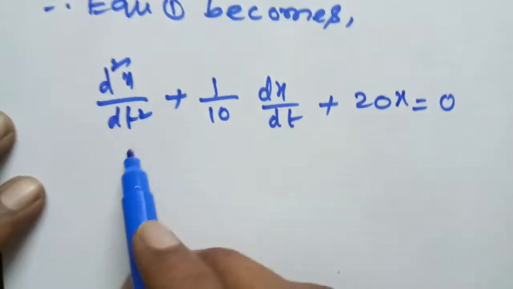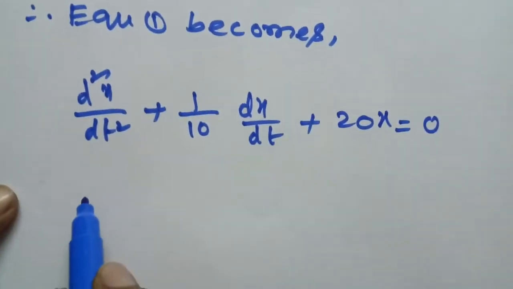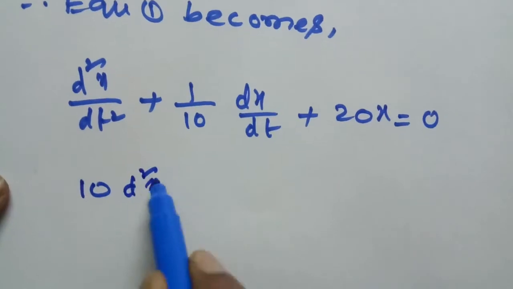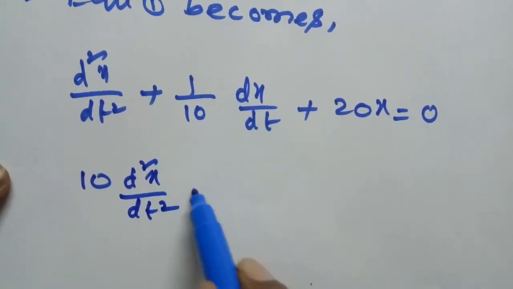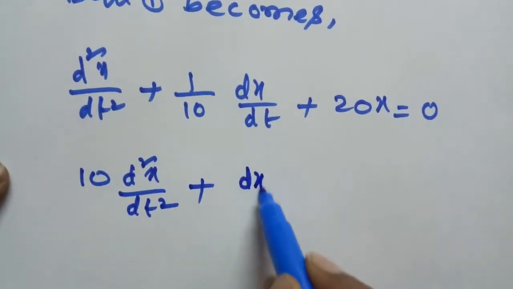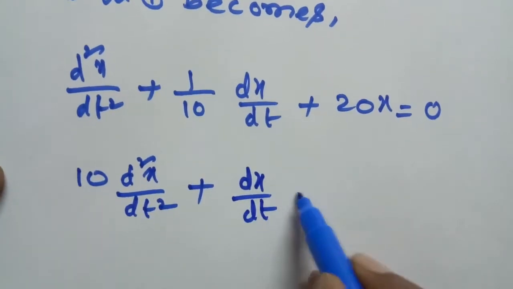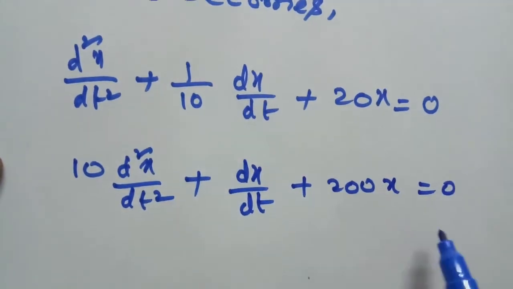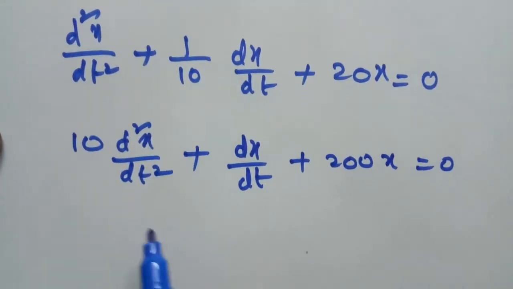By simplifying this, we are multiplying throughout by 10, so 10 into d square x by dt square plus dx by dt plus 200 into x equal to 0.